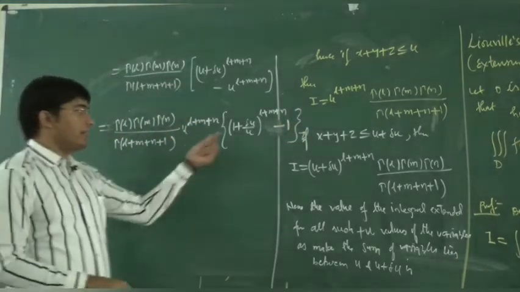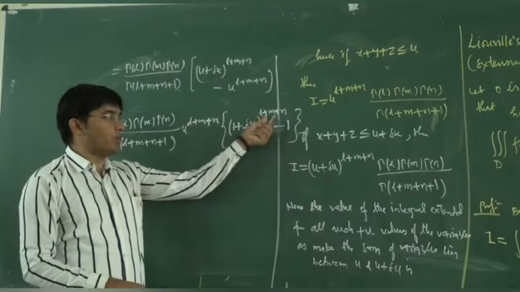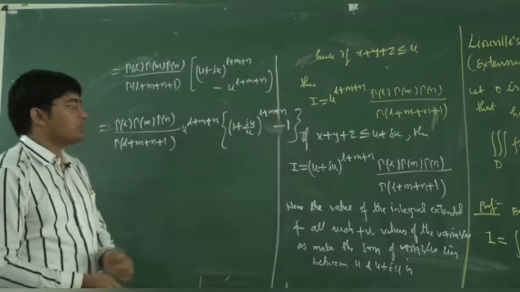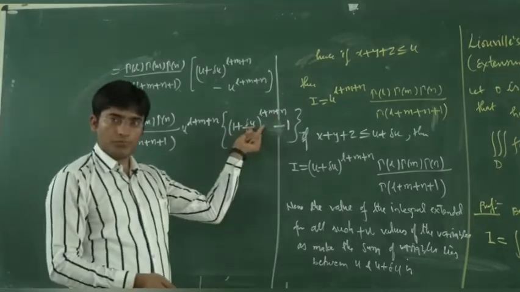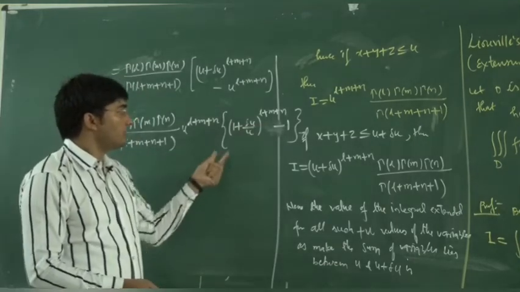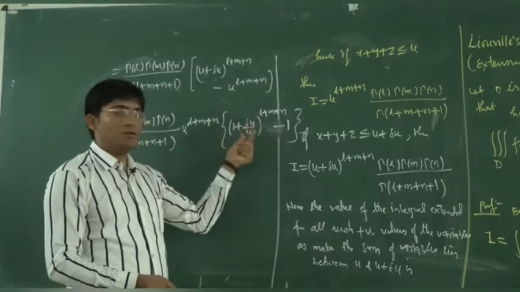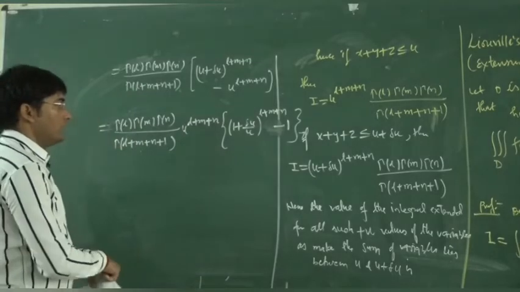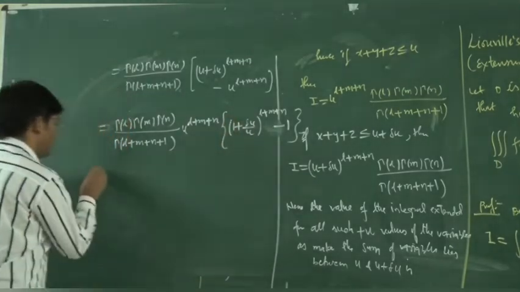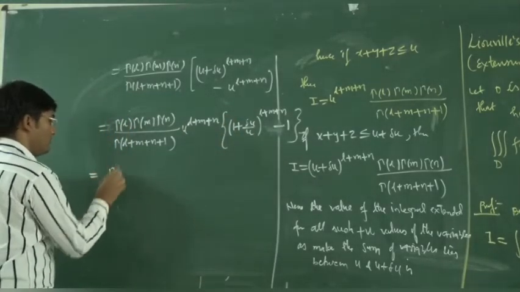Now if you use the binomial series 1 plus x power n, then for small values of delta u, we can neglect the higher terms. That means we can neglect the order 2 terms or higher terms.